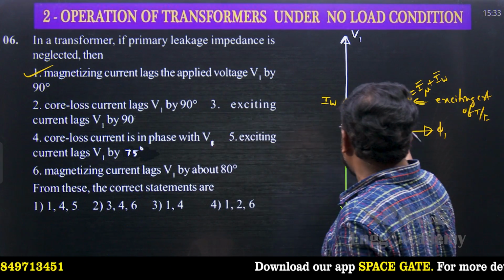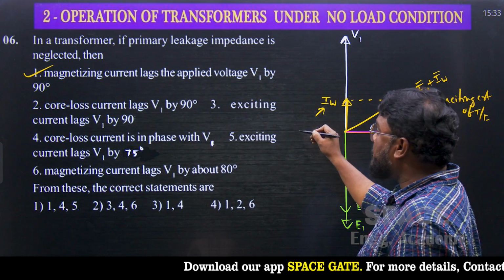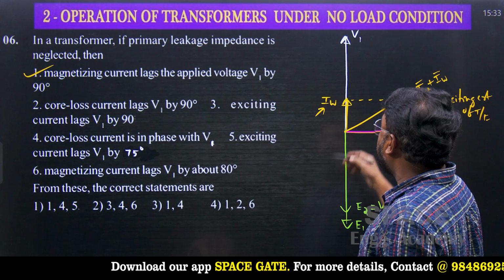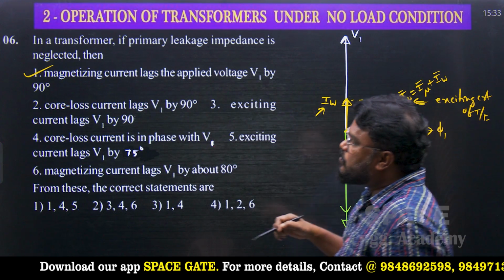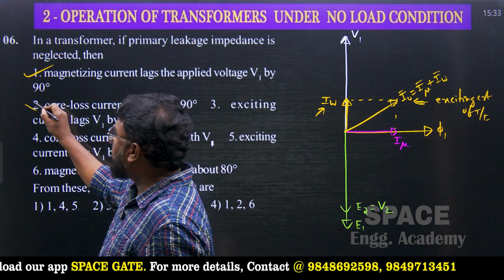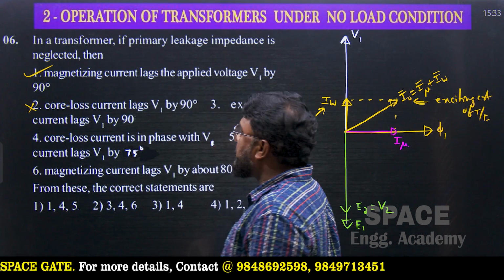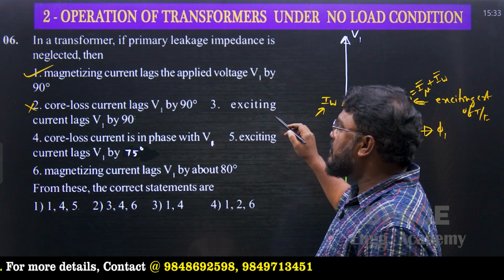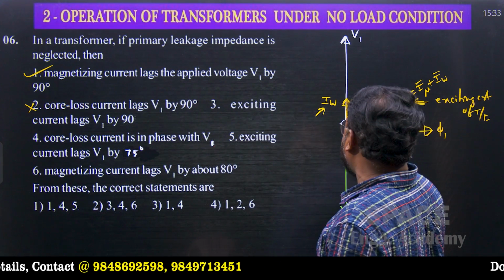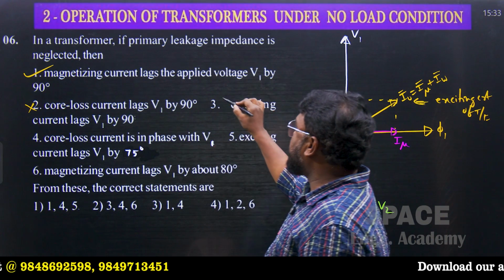The core loss current, also called the iron loss component of current, is always in phase with applied voltage. So this statement is wrong. Third statement: exciting current lags the applied voltage by 90 degrees. So this statement is also wrong.